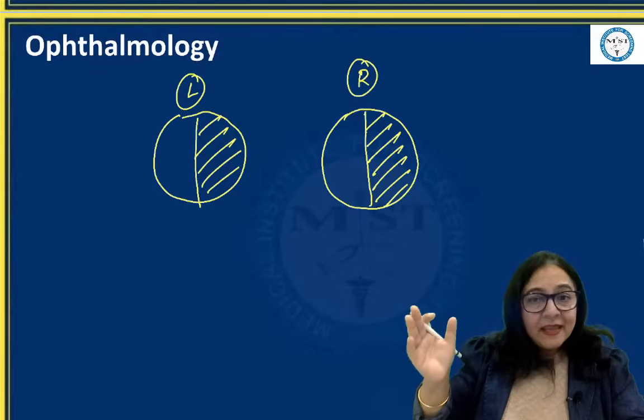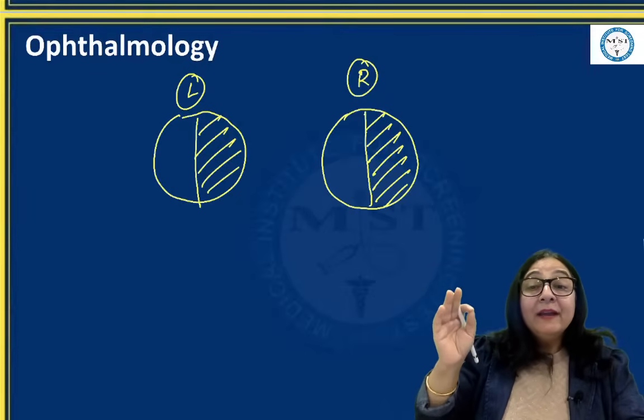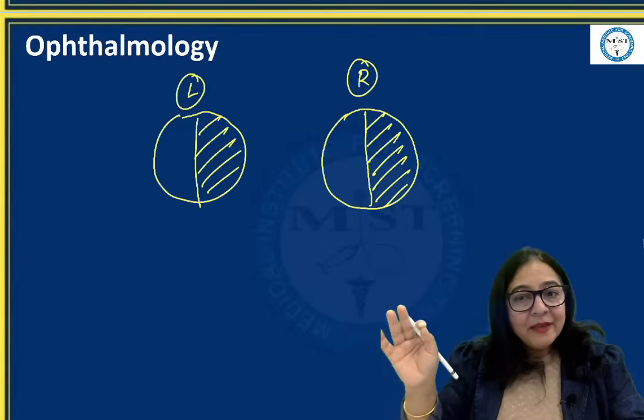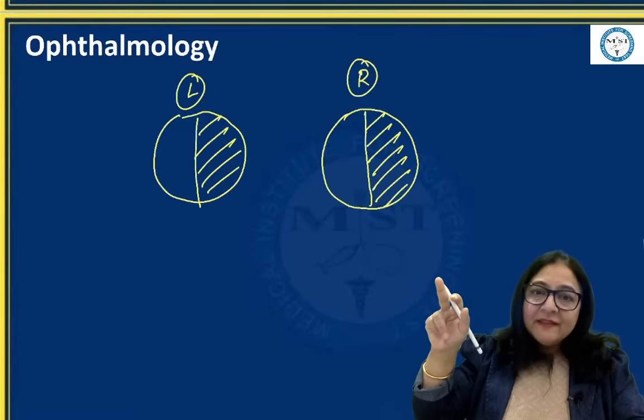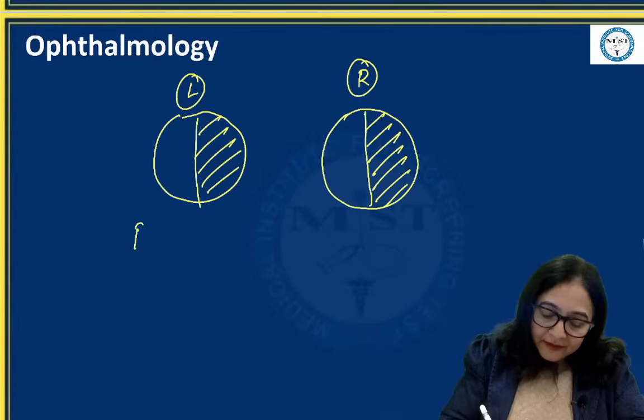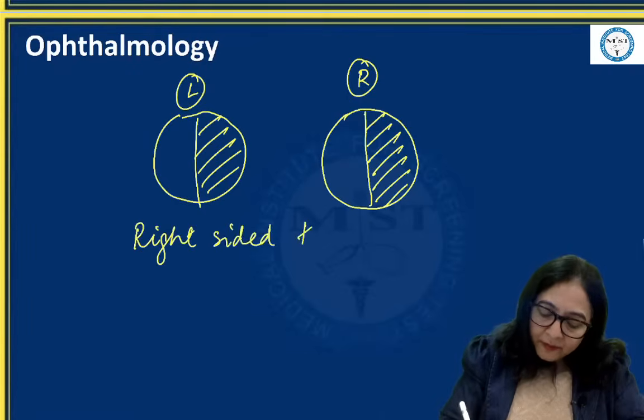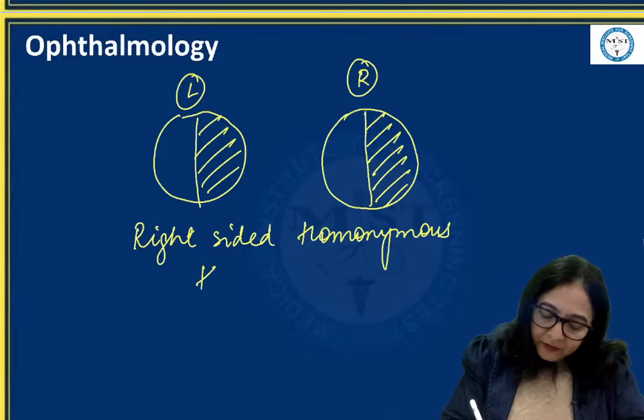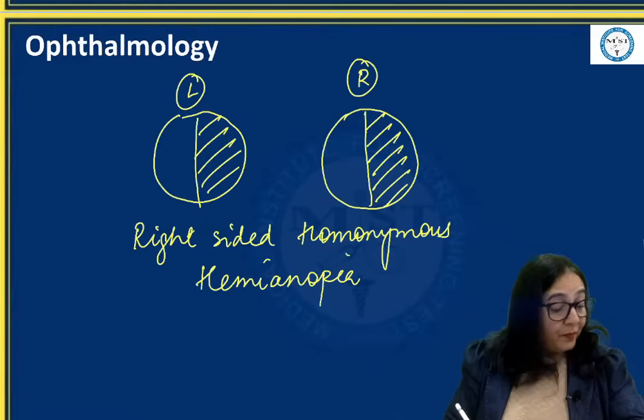When it is the same half gone, we call this homonymous hemianopia. And when the question mentions that it is the right half which is gone, it is right-sided homonymous hemianopia. Correct, beta? Do you agree? Right-sided homonymous hemianopia.